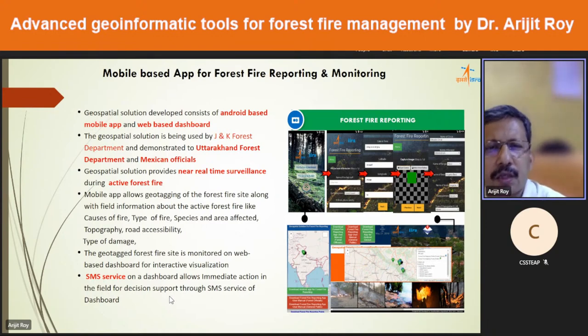This helps to provide near real-time surveillance during active fires. And this mobile app allows for geotagging of forest fires along with field information like the forest type, the cause of fire, the type of fire, the affected species in the area, the topography, accessibility, etc.